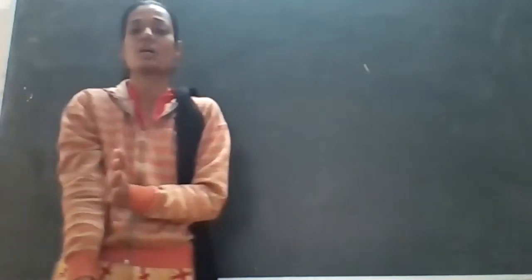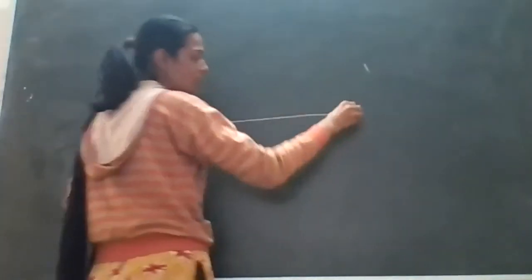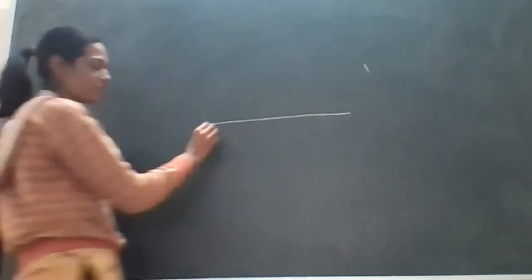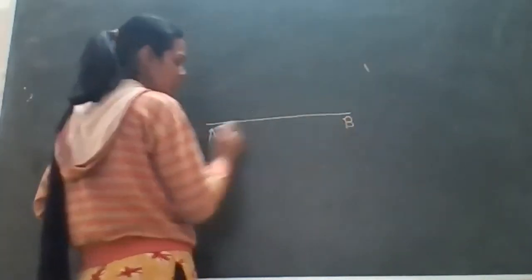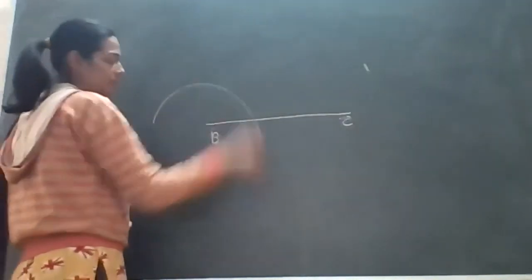So let's just revise the construction chapter. In that, you have to draw or construct the different angles. We have to start from the angle. First of all, you have to draw a line segment, give the name AB or whatever you want to give. BC I am taking here. Now, first of all, with the help of your rounder, you have to take the half circle.